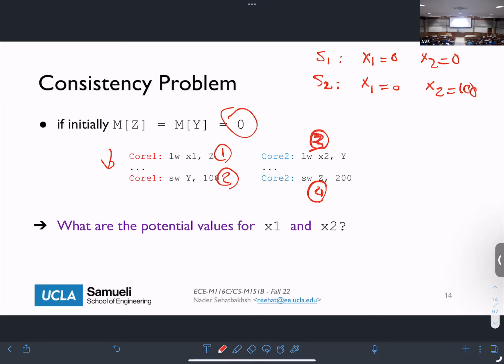Any other suggestion? So you get 200 and 0. Okay, how?